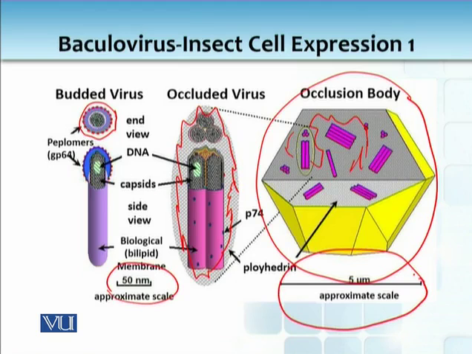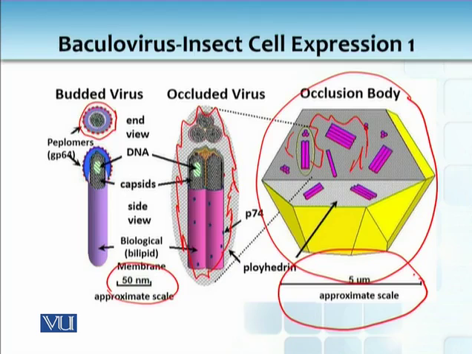So now, for example, if you use the polyhedrin promoter and make them produce your protein, then you can see how much protein you can produce, which would be packed in this 5 micrometer polyhedron structure.